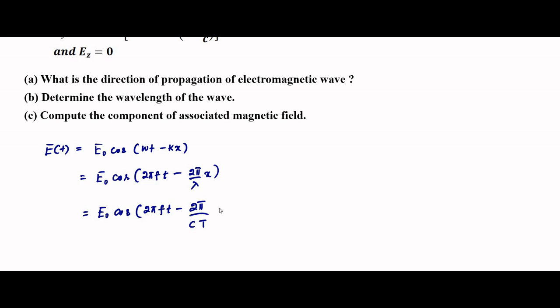Now again we can write it as E0 cos, if we take 2 pi f common, then we have t minus x by c.